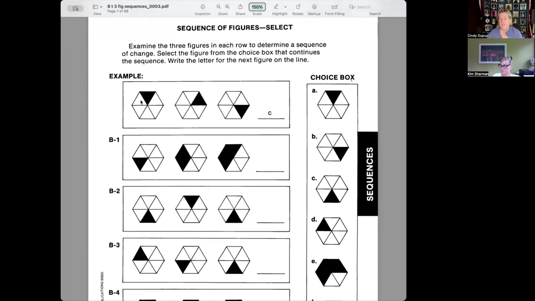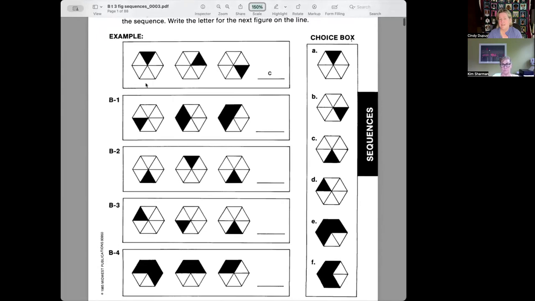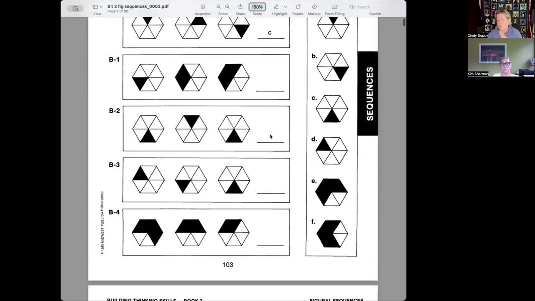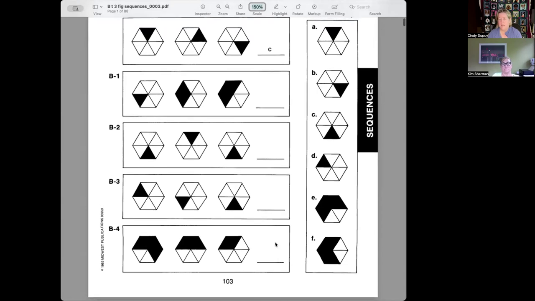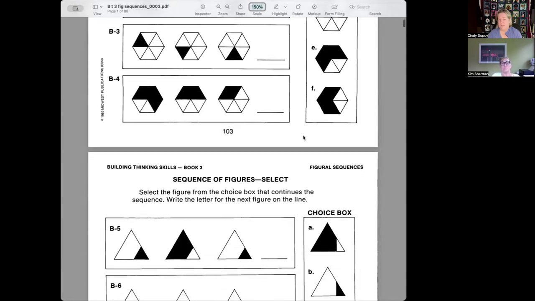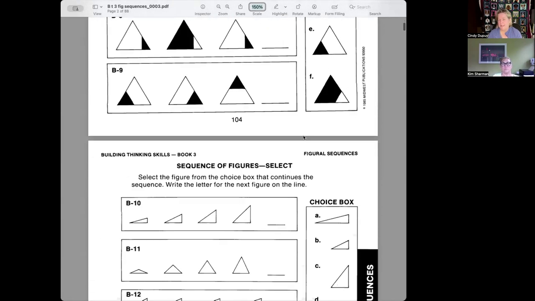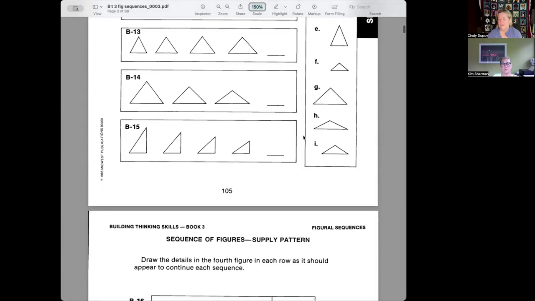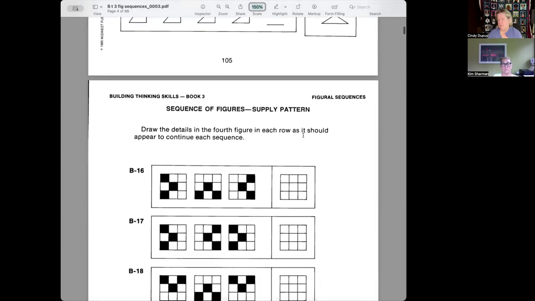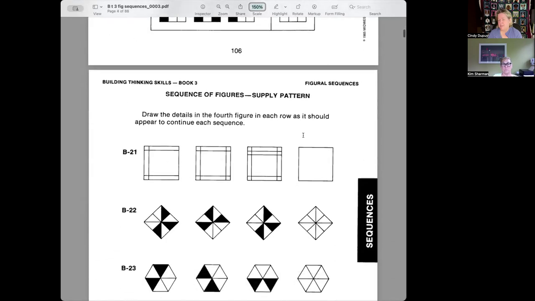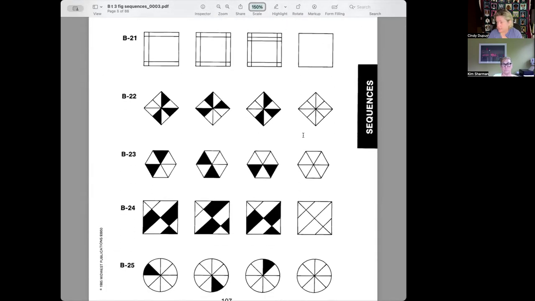So the idea here is what's happening in this one? This one's a rotation. What's happening in this one? It's an addition. What's happening in this one? It's a mirror. What's happening in this one? It's a counterclockwise rotation. What's happening in this one? It's a subtraction. So it's figuring out what would come next, recognizing those patterns, and then being able to apply it in different kinds of contexts.